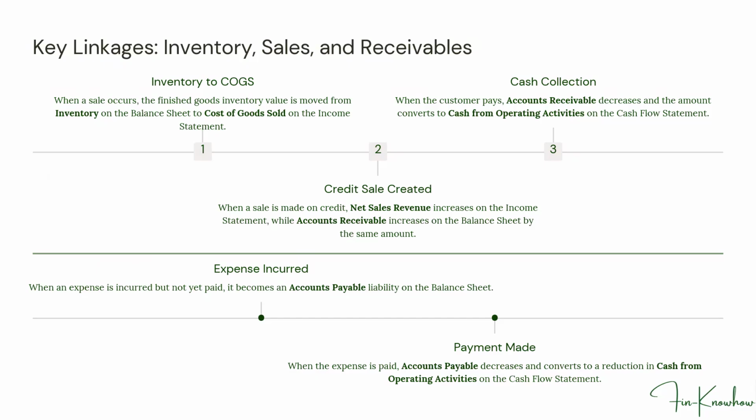It reduces the cash from operating activities, but when it's paid back, it brings it back up, right? Now on the expense side, when a payable is created, it creates a liability, but when it is paid out, it requires cash to flow out of the business, and it reduces the cash from operating activities.